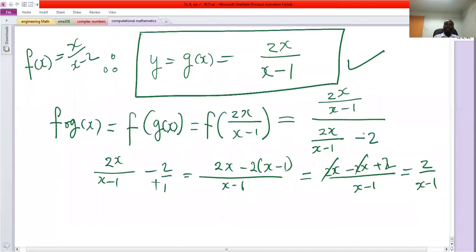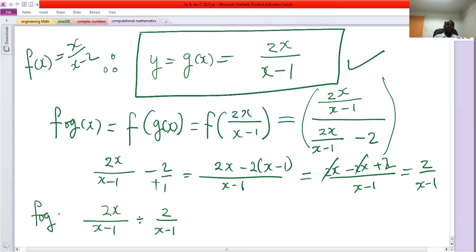So this fraction is 2x over x minus 1 divided by 2 over x minus 1. So this is the f composed with g of x, which will be 2x over x minus 1 times the reciprocal of this, x minus 1 over 2.